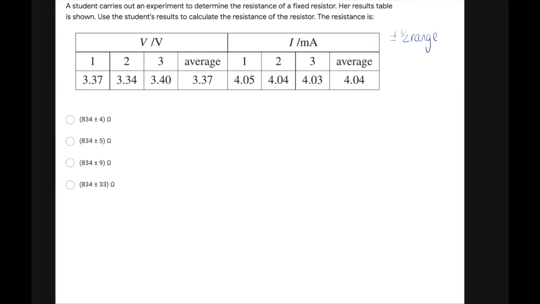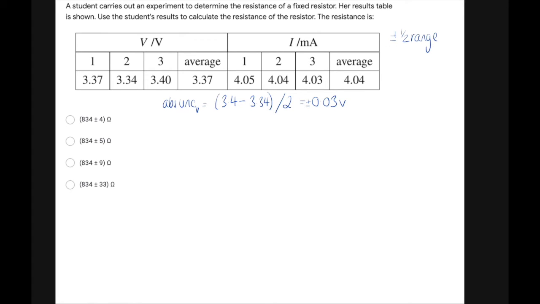First, work out the absolute uncertainty in our value for V. The absolute uncertainty is our maximum value of 3.4 minus our minimum value of 3.34, and we divide that range by 2, giving us an absolute uncertainty of plus or minus 0.03 volts.